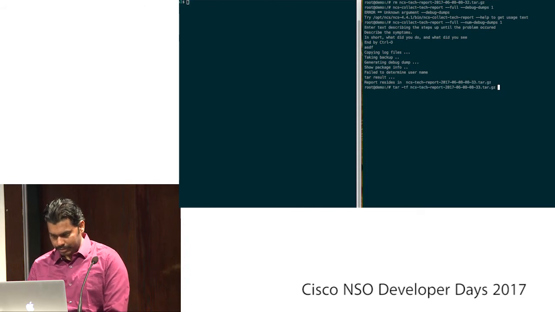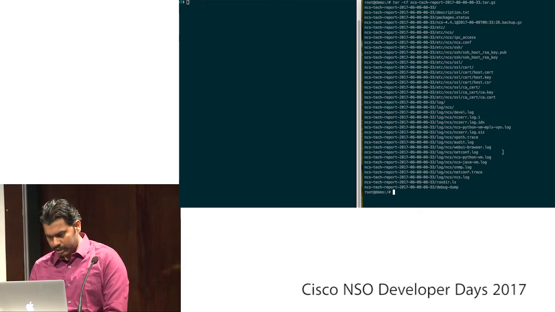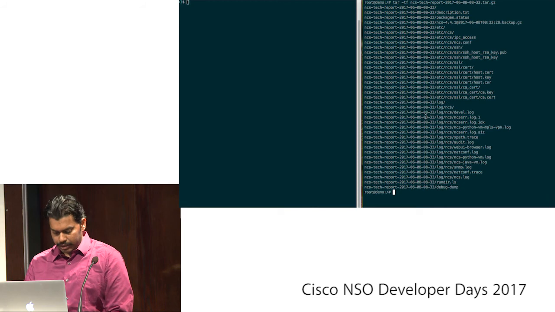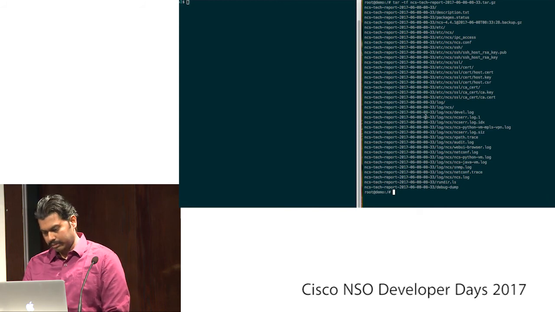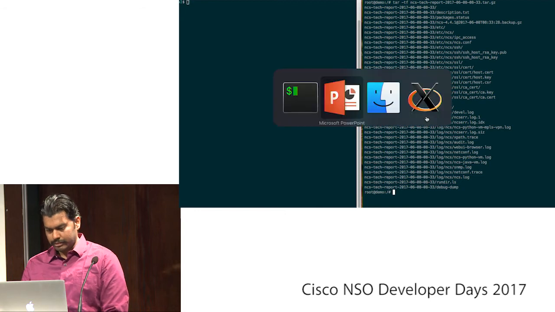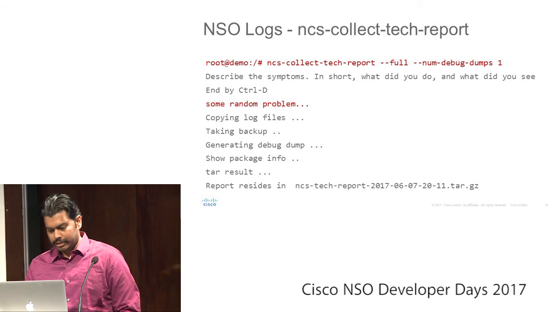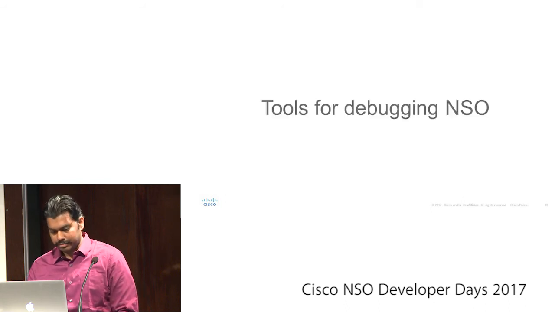So now we have, in addition to the log and the config, the debug dump and the CDB backup. This is a very handy way to provide all the logs to the support teams. Only works in a system install though.